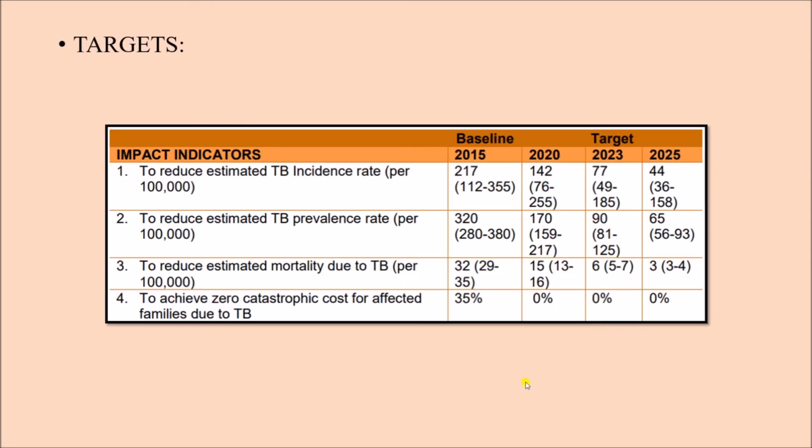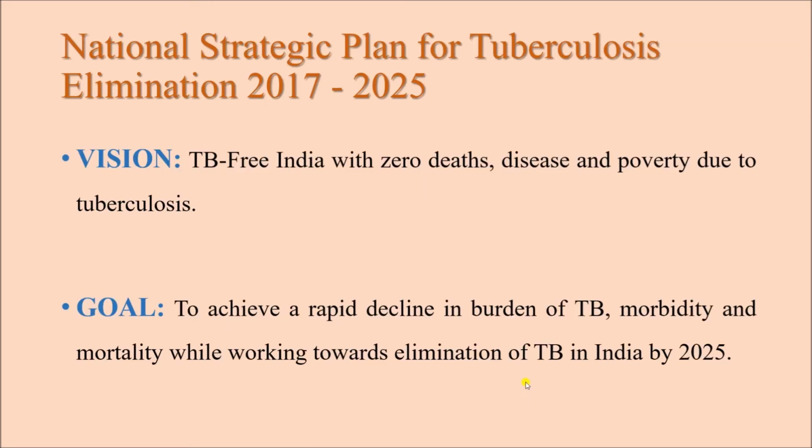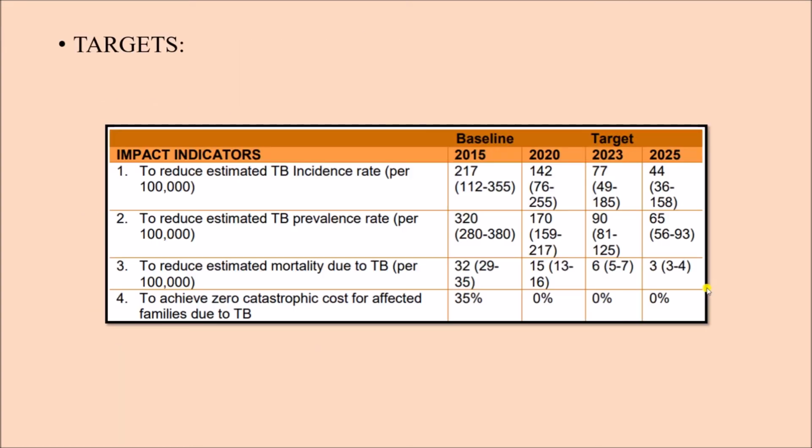Now coming to the targets, we have set a few targets for the National Strategic Plan for Tuberculosis Elimination. So we have the baseline data for 2015 and 2020 and the target for 2023 and 25. The first is to reduce estimated TB incidence rate. These are the impact indicators, that means the long-term indicators. In the year 2020, it was 142 per 1 lakh population, which has to be reduced to 44 or even lower than 44.